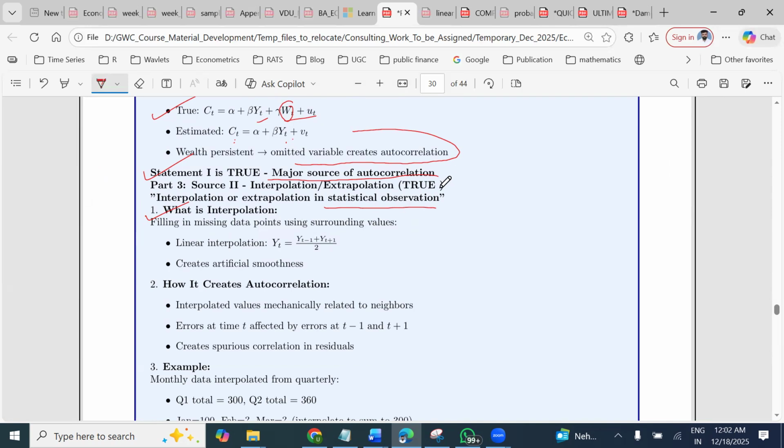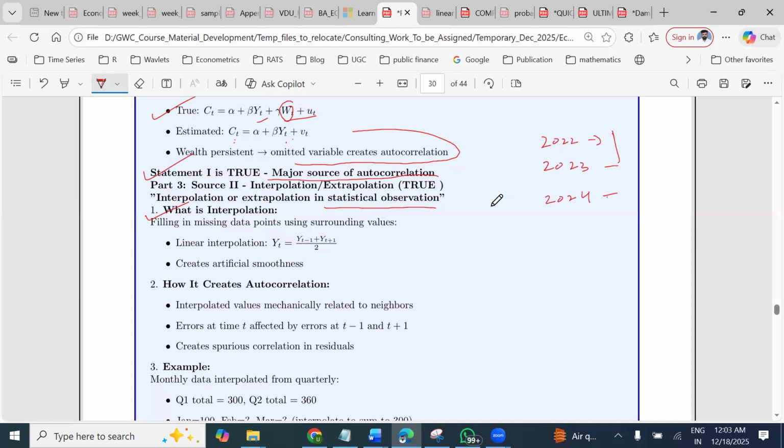It means, let's say, you have data, for example, suppose 2022 you have GDP data, 2023 you have, and 2024 you don't have data. So what you will do is add these two data and divide by 2 to get the 2024 data. Clear?